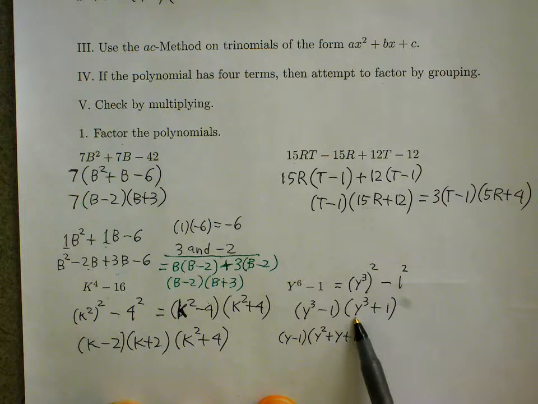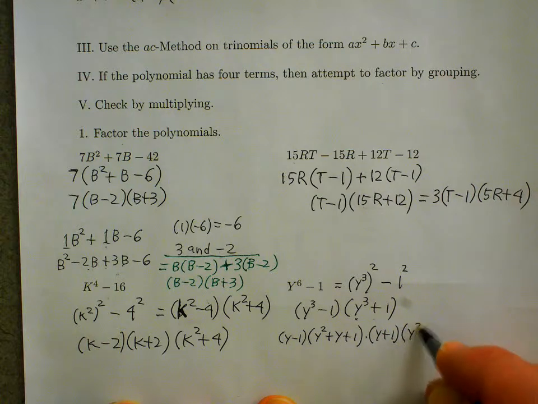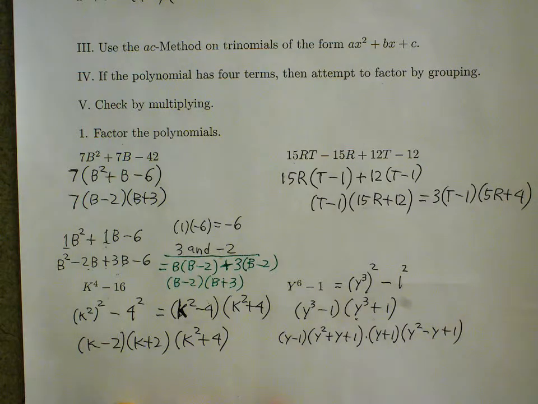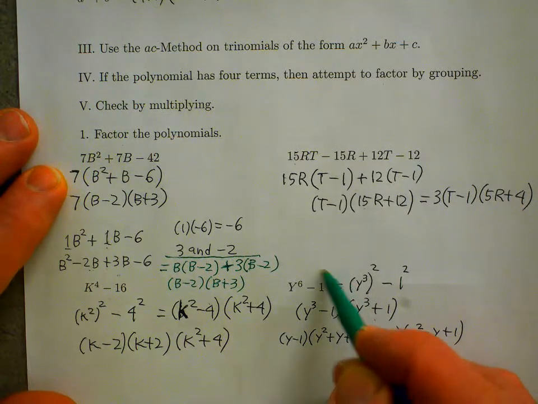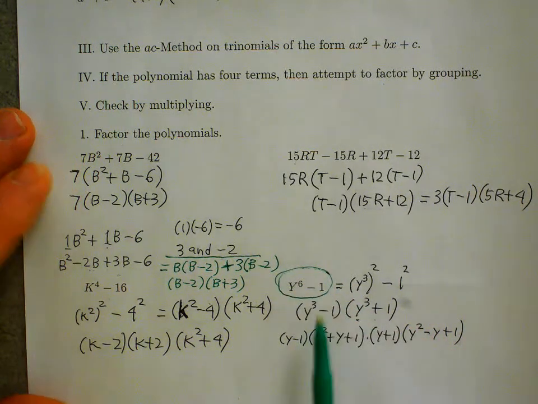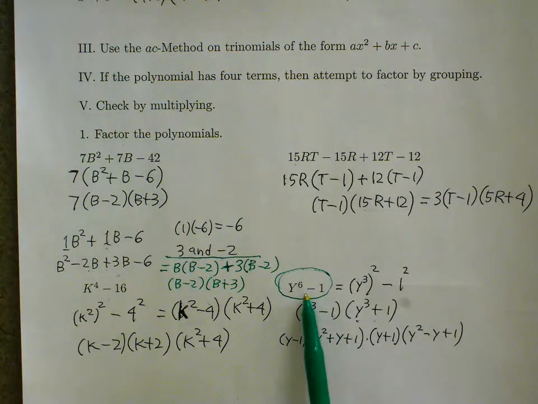And then when we factor the sum of cubes, y to the third plus 1, the binomial is y plus 1. And the trinomial is y to the second minus 1y, or just minus y, plus 1. So that is the factorization. So y to the sixth minus 1 is pretty loaded. Y to the sixth minus 1 is a more compact way to represent the product of those factors.